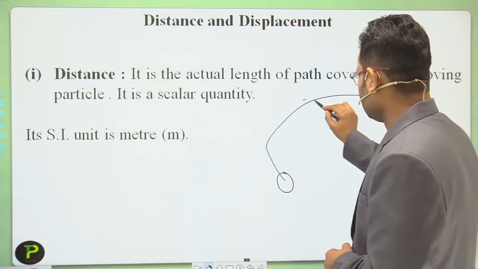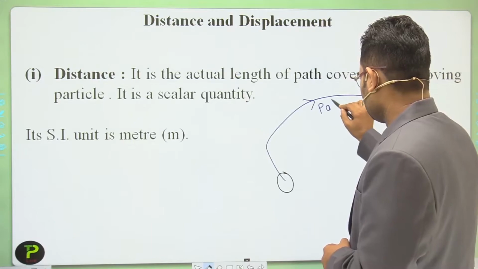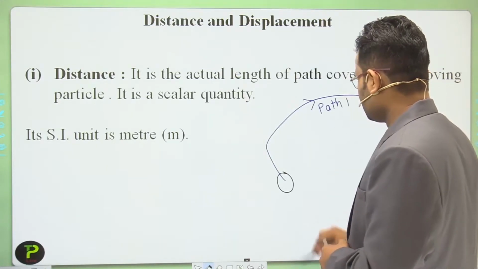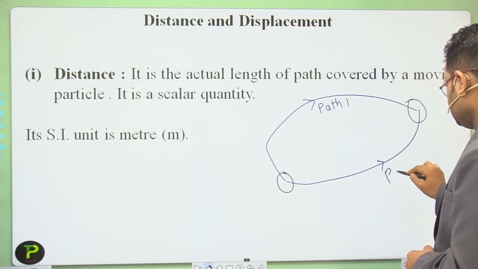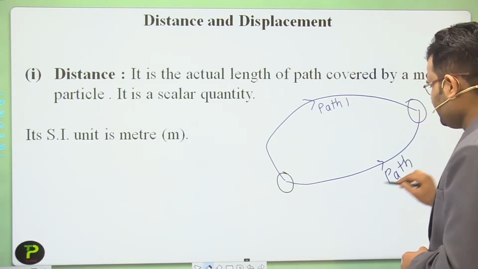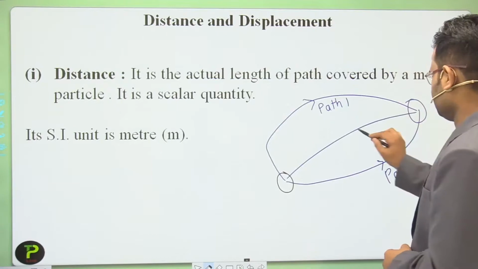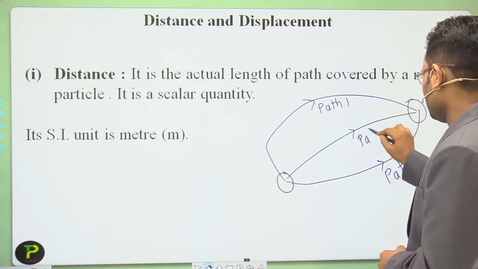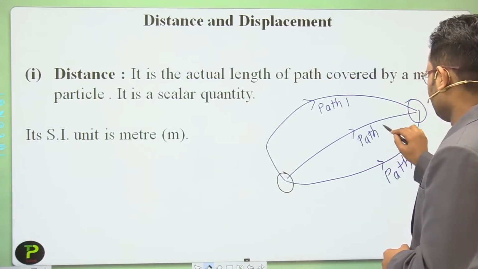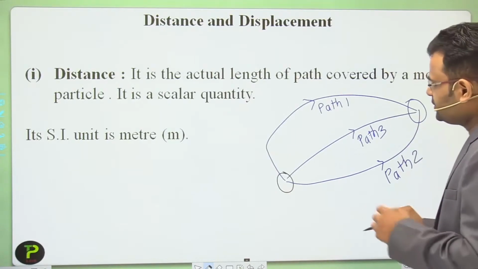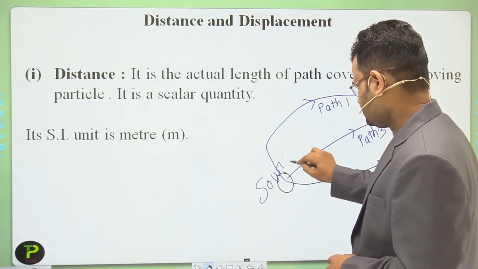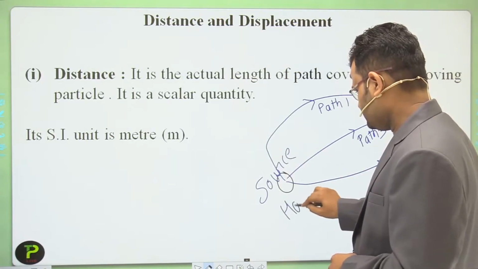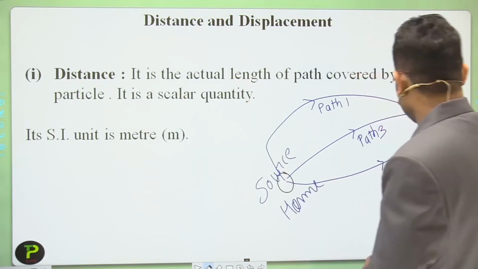First time you use path 1, you move with this path. Second time you use this path, and third time when you move, you use this path. By using all these paths we move from our source, you can say home, to school.